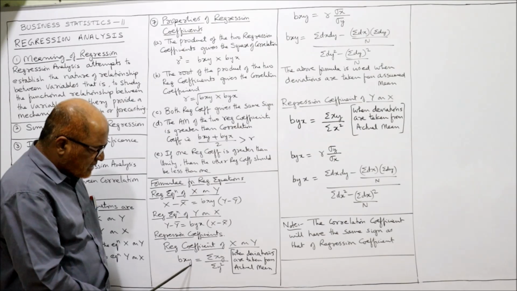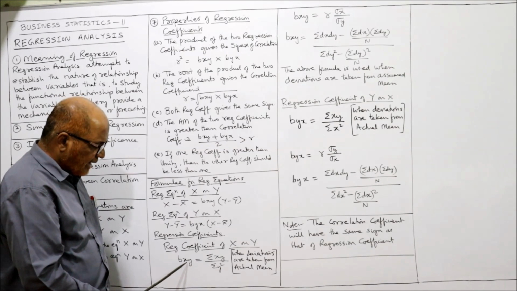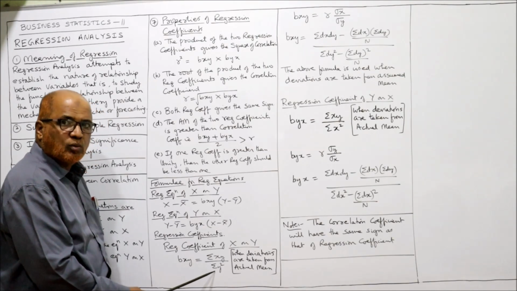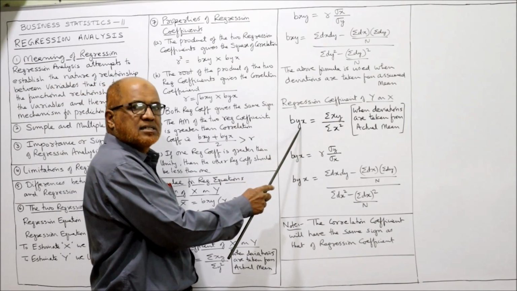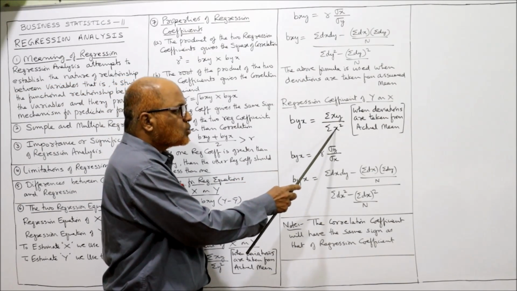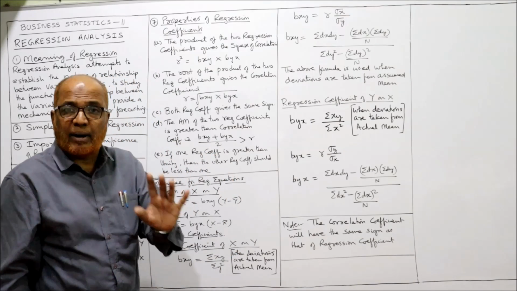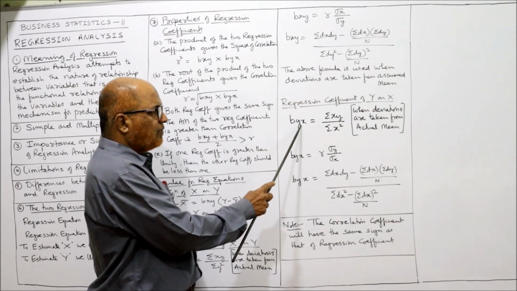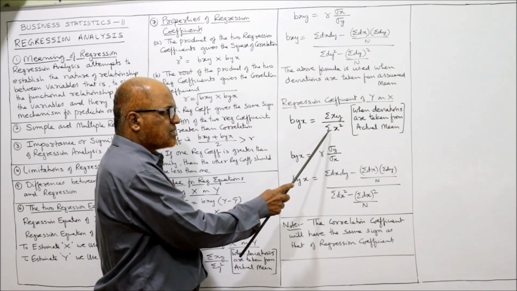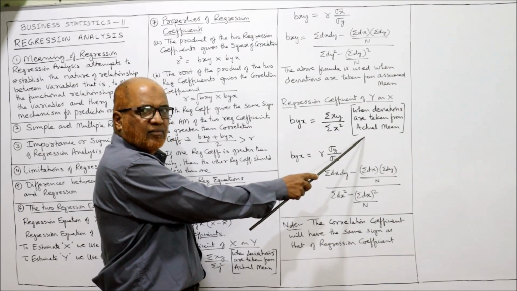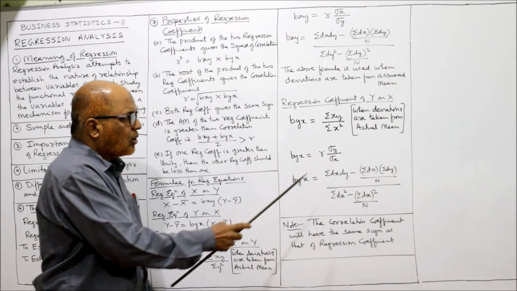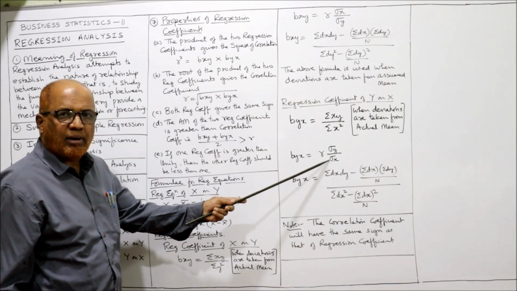So when you are having bxy, here denominator y square. Here you are having byx, so denominator you have x square. This is the difference you have to remember. Byx is equal to summation xy by summation x square when deviations are taken from actual mean. Byx is equal to r into sigma y by sigma x.